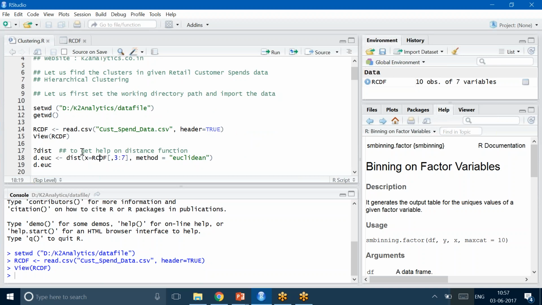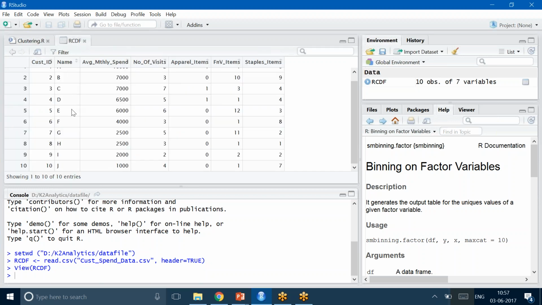I'm computing it for the third to seventh column, because I cannot compute distance on name or on customer ID. Those two elements are not useful.